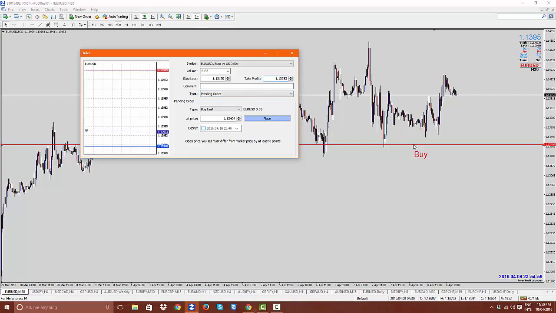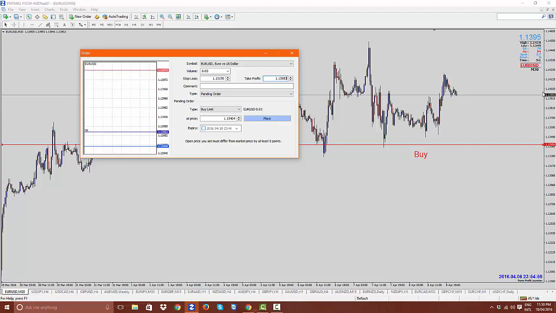All right, now this is my entry point, this is my exit point, and the row over here at the bottom will be my stop loss. So if the price goes against me, the maximum loss I will be having is these 20-30 pips, and the maximum profit I will be having is these 60-70 pips or more.